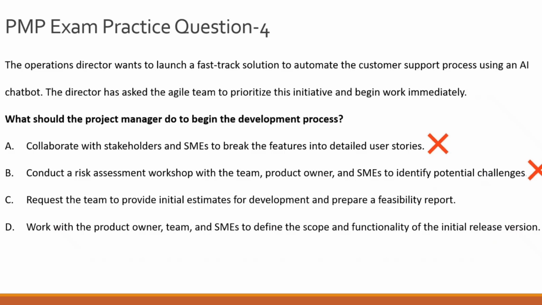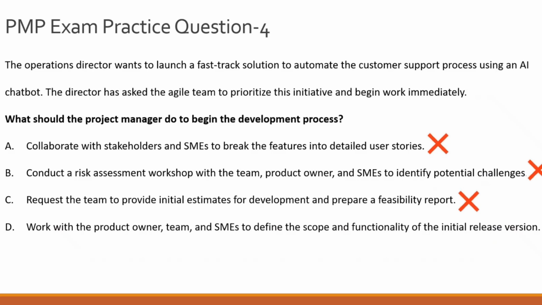If you go back to your PMBOK 7th edition or the Agile Practice Guide, you will see that agile emphasizes delivering value and focusing on outcomes as quickly and as iteratively as possible rather than upfront detailed planning, etc. Okay, so that is why option C is a very close answer choice, but it is incorrect.